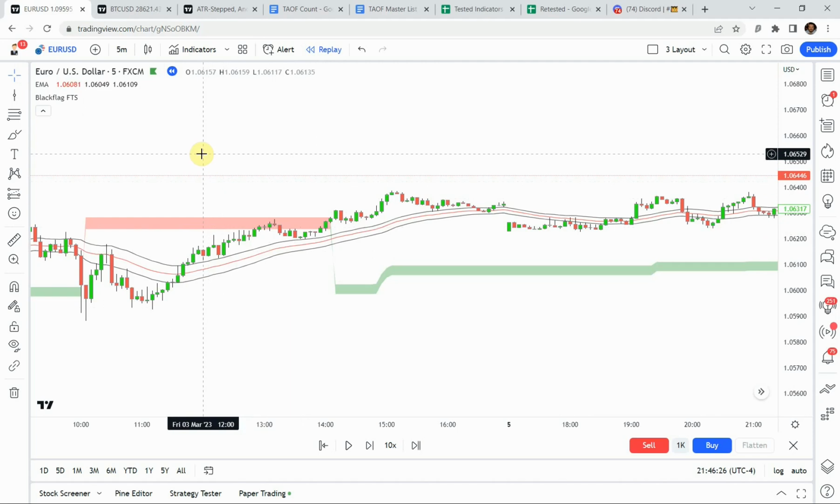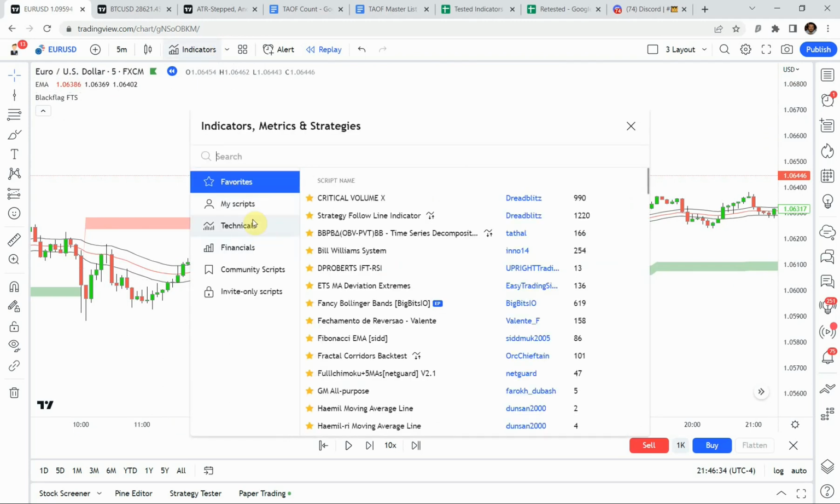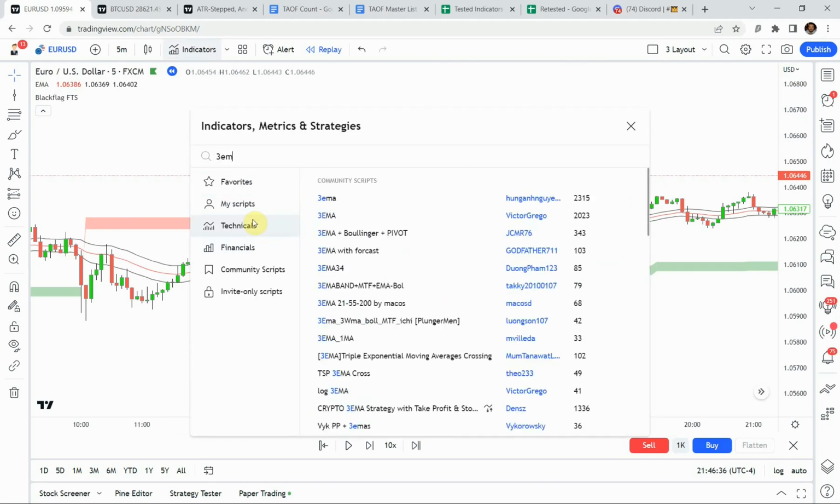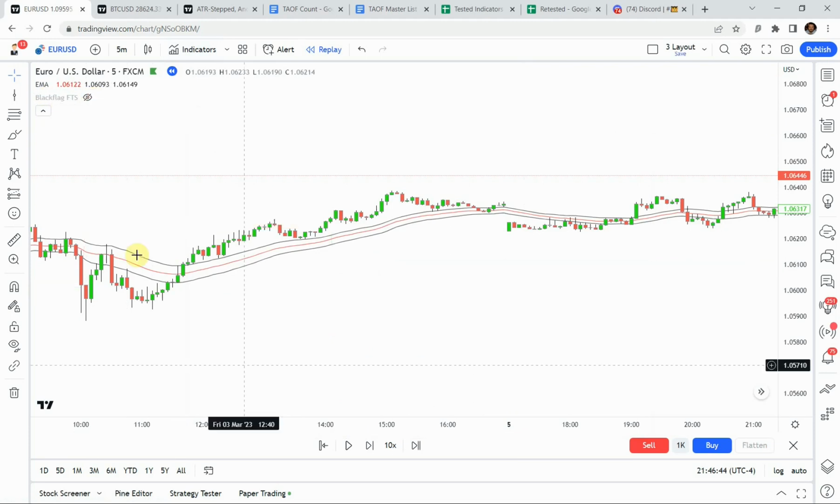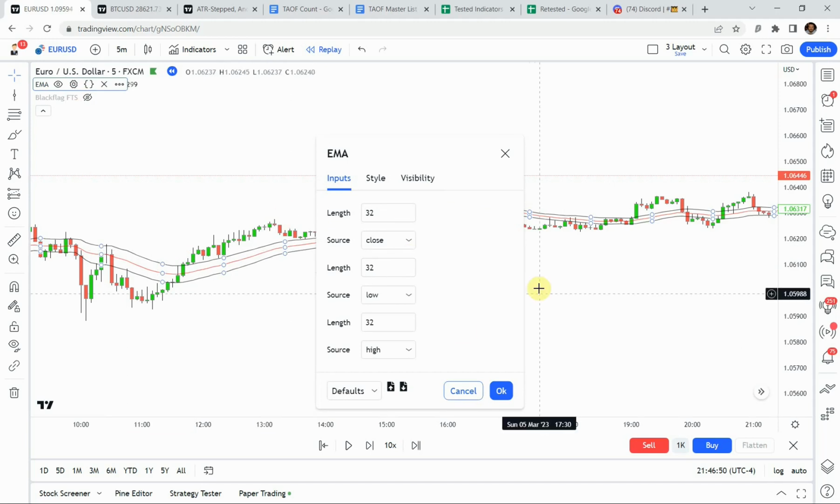The strategy itself consists of two different indicators. The first indicator that you are going to put on screen is the 3EMA. So just type in 3EMA, and it's this top one right here. You'll add that to the screen, and it will look not quite like this, but we'll go into the settings and change a few of them.